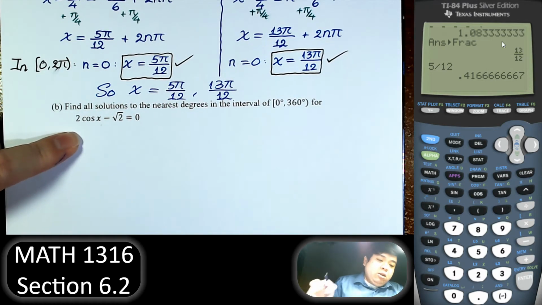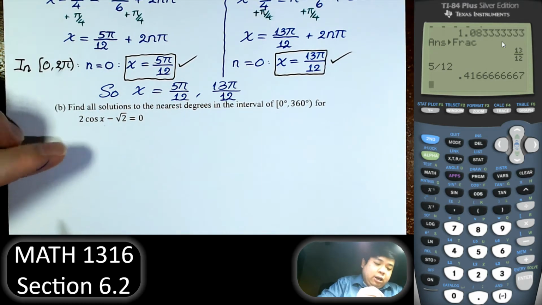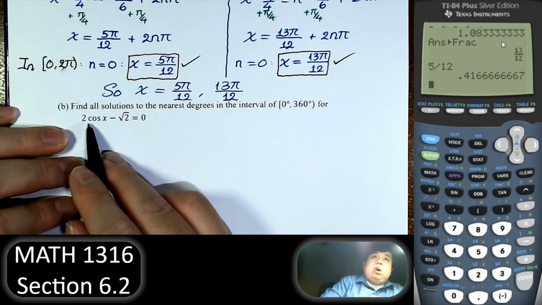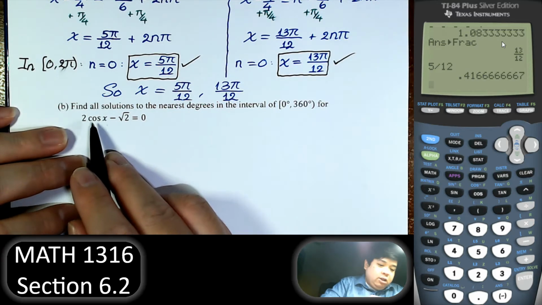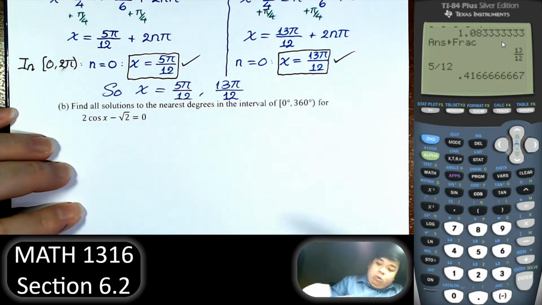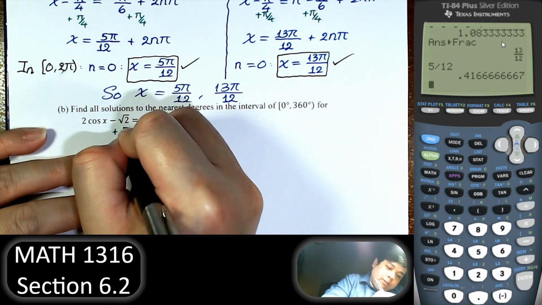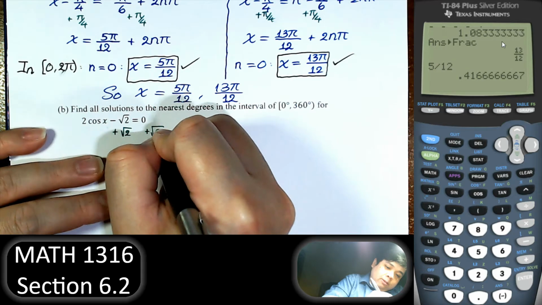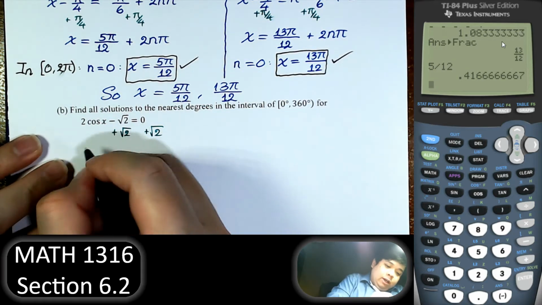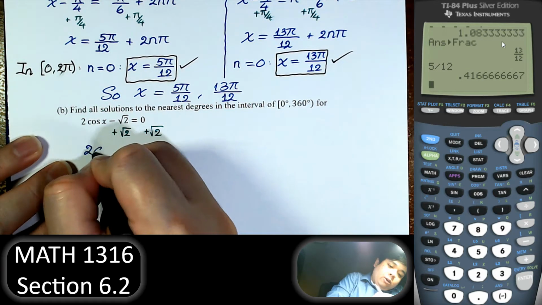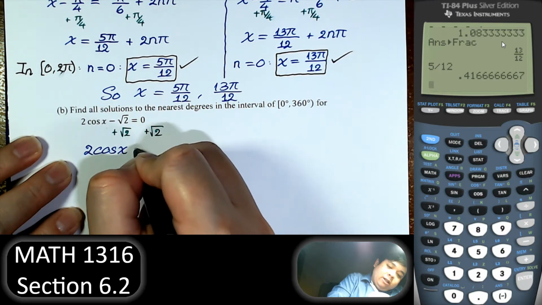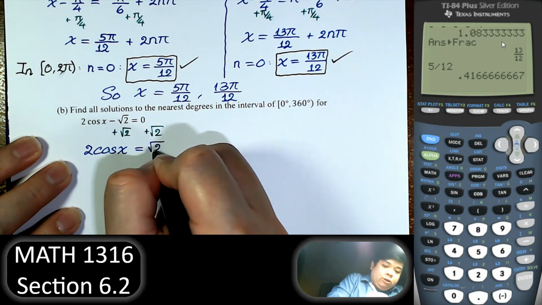Right. And let's look at this problem. So once again, we'll get the trig function by itself. So I will add square root of 2 to the other side. So I have 2 cosine of x equal to square root of 2.